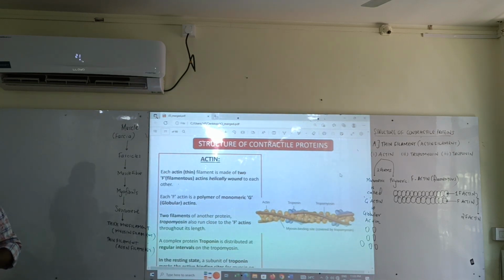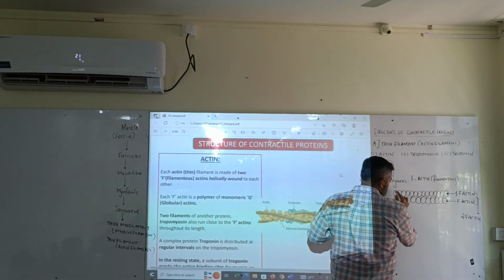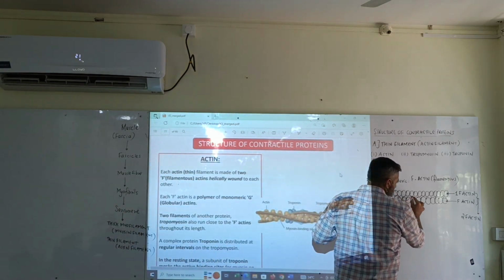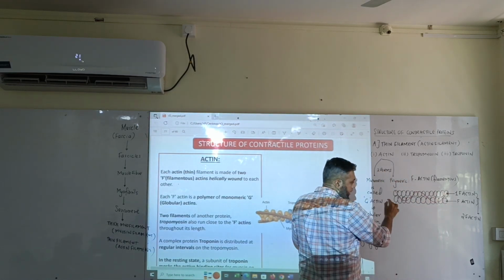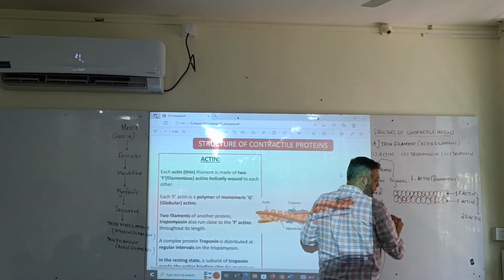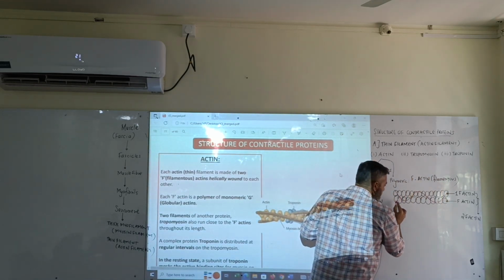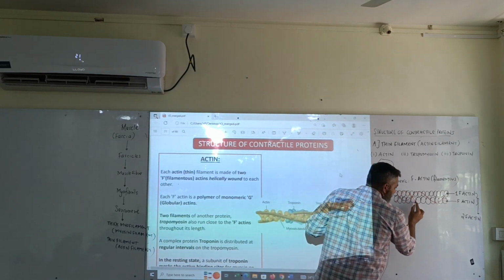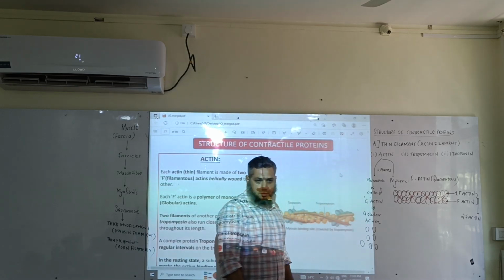Shall I continue? Then one filament of a helical protein, helically bound over actin, like a DNA helix. Another filament of the same protein.